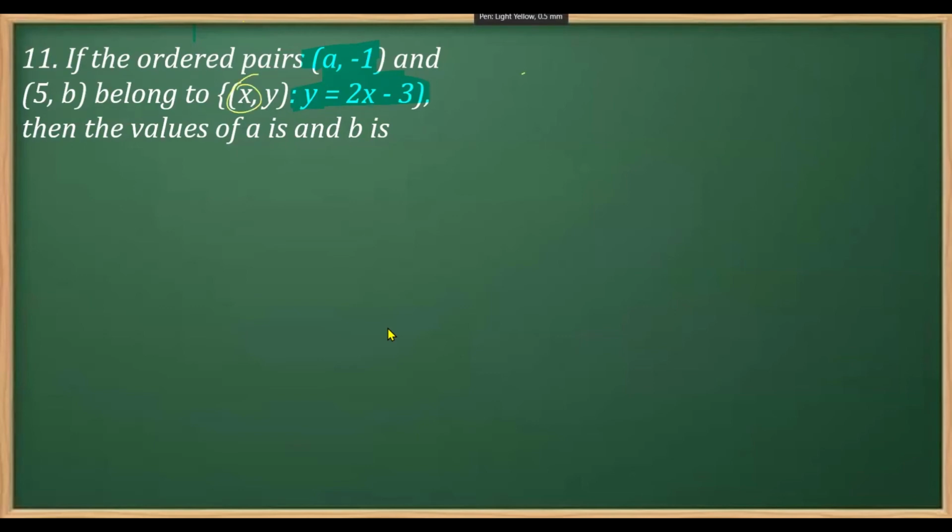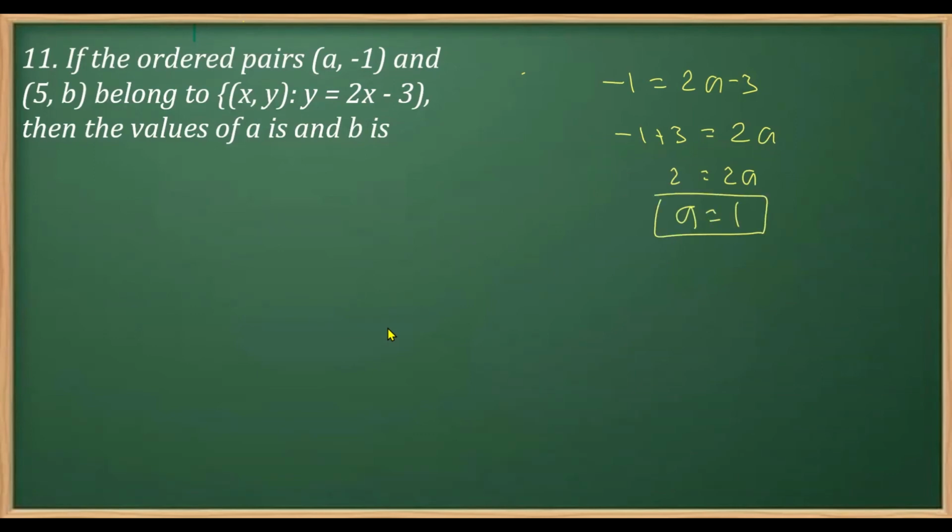So if I replace x with a and y with minus 1, we get minus 1 is equal to 2 times a minus 3. If you bring the minus 3 to the left hand side, it's minus 1 plus 3 is equal to 2a. This is 2 is equal to 2a, which means a is equal to 1. So we got the value of a as 1.